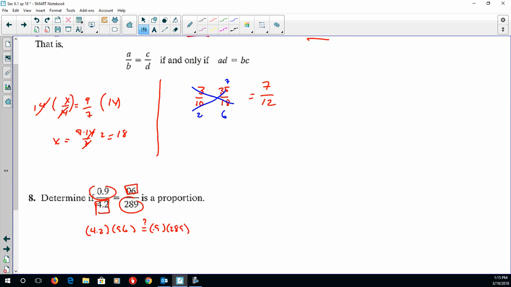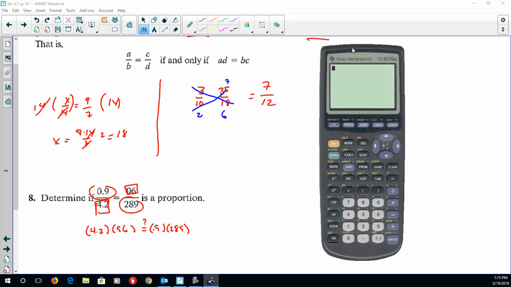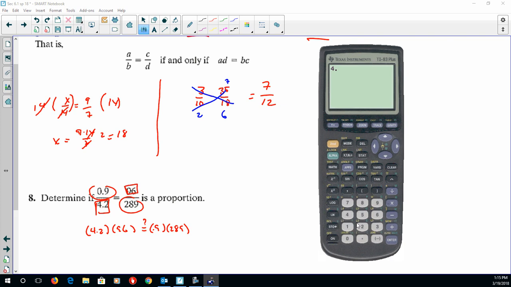Well, 4.2 times 96 is, let's see if I got this right. Wait a minute, the wrong spot. Let's see what we got here. 4.2 times 96 is 403.2. I'll write that.